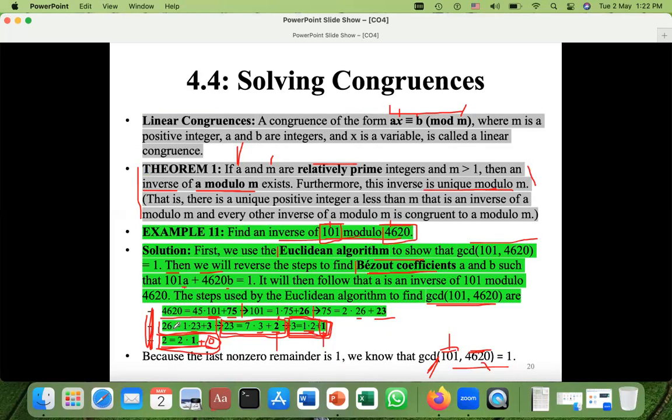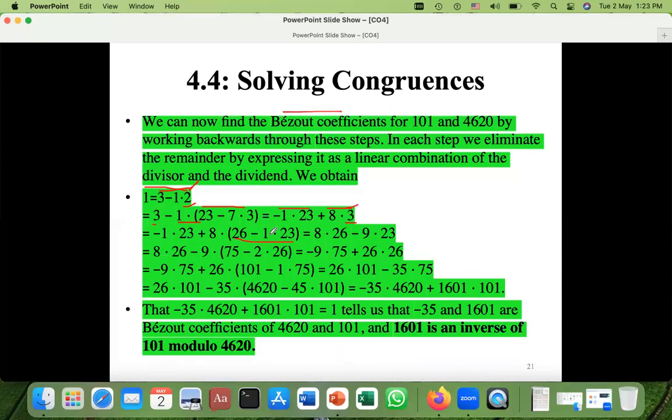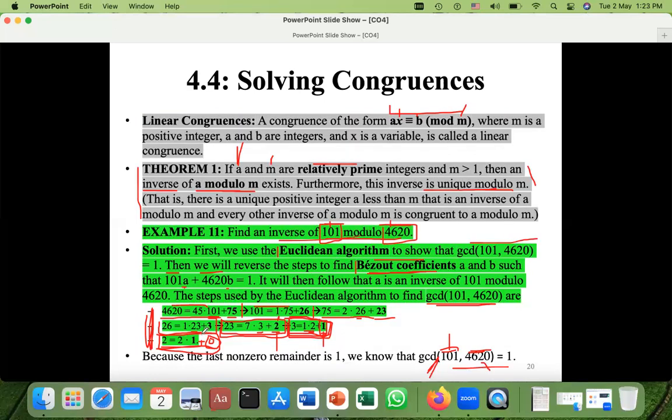Okay. And similarly, you can go on with this one, with that one, and finally with that one. You are just putting this value and then simplifying. Then again you are putting the value for 23, and the value of 23 you will get from here. Then you will get the value for 26, and similarly for 75.